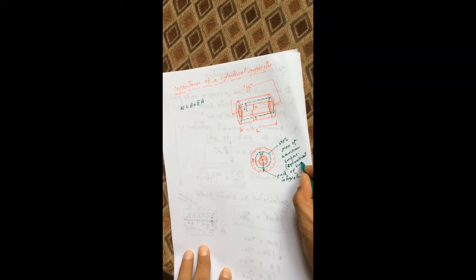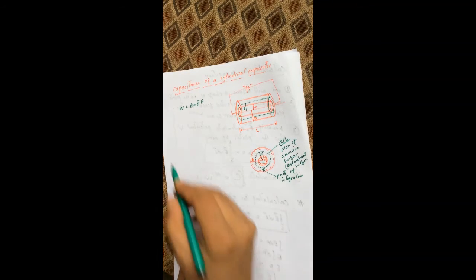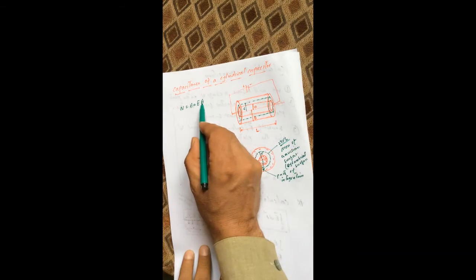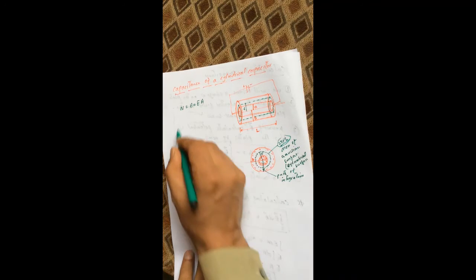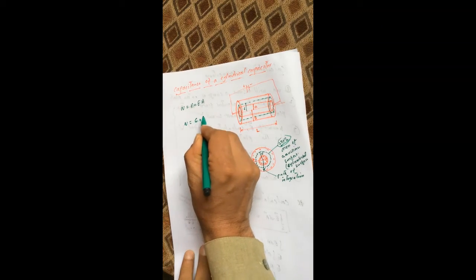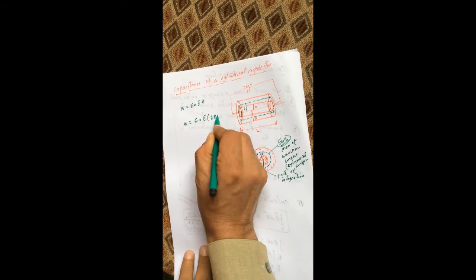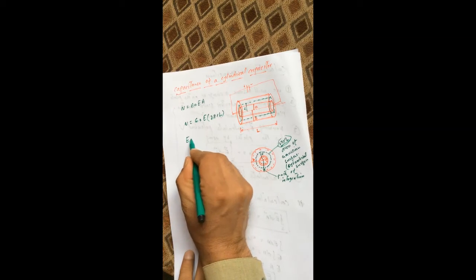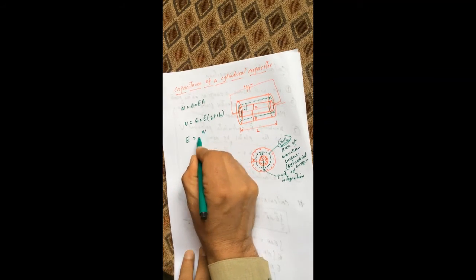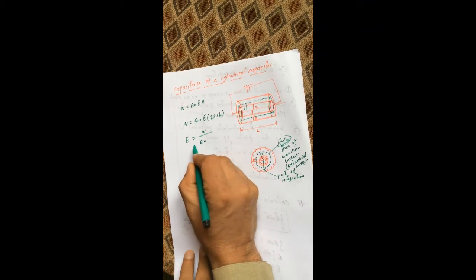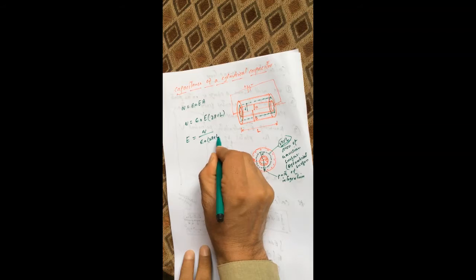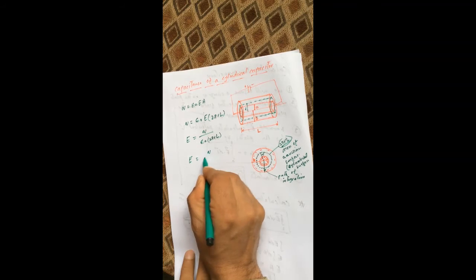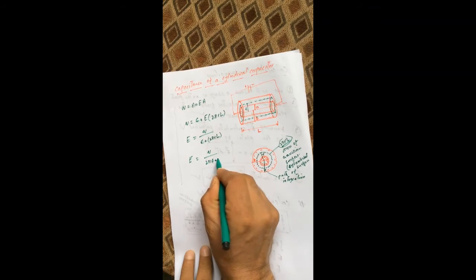So if I replace the value of A by this quantity, we get Q is equal to epsilon naught E into 2 pi r L. From this I can easily calculate the electric field: E is equal to Q over 2 pi epsilon naught r L.